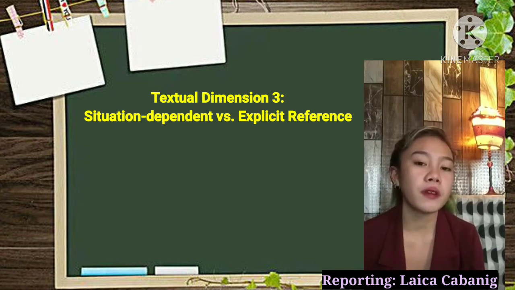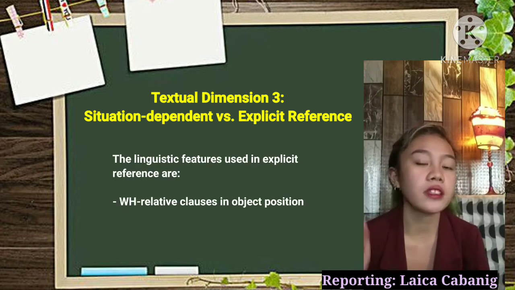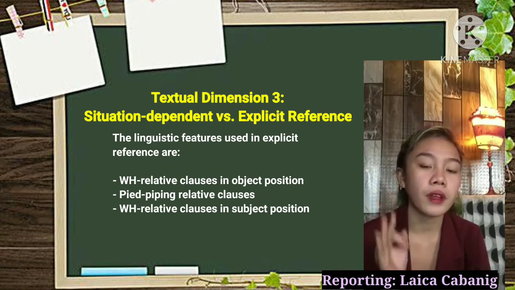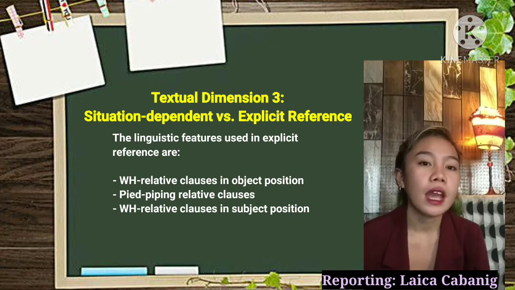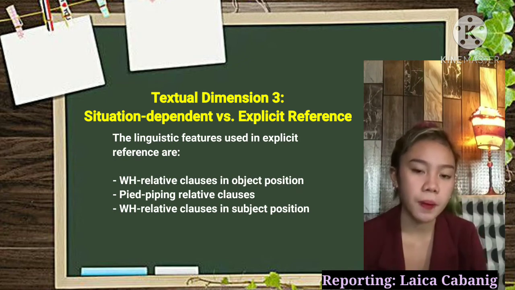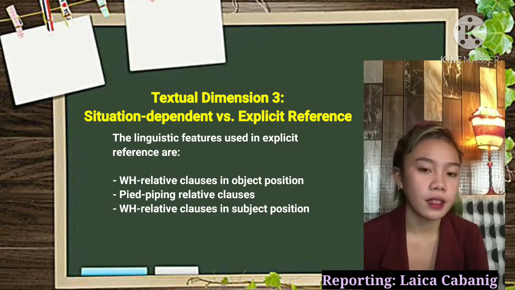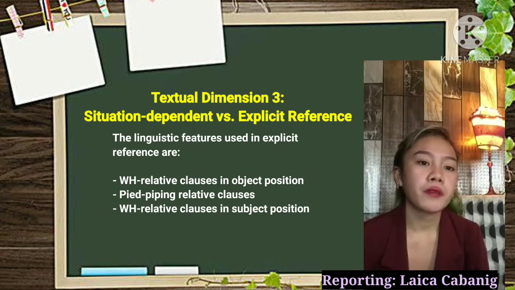The features which carry a large positive weight on this dimension are relative constructions. Examples are the relative clause in object position, the pied piping relative clause, and the relative clause in subject position. An example for the relative clause in object position is the phrase, the man whom Laika likes. It also gives more information about the man. Next is the pied piping relative clause.